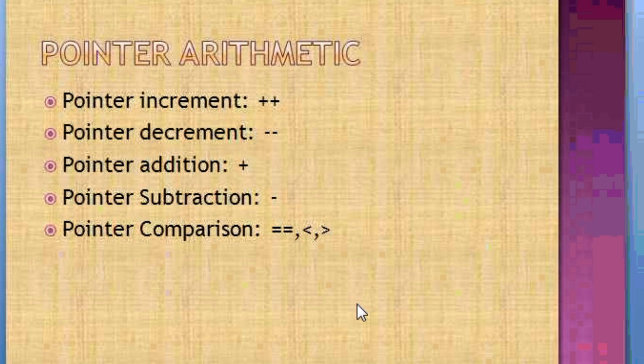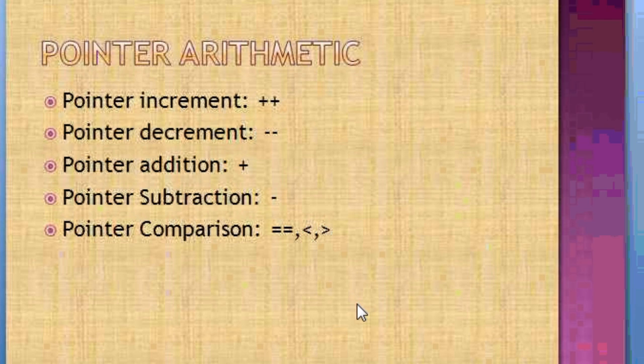Okay. Next, we have pointer addition. It means instead of incrementing the value by 1, we want the pointer to increment by some other value, like 3 or 4 or 5. Other than one, you can use pointer addition, that is also a valid operation.